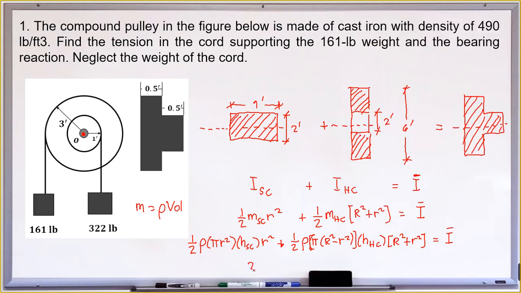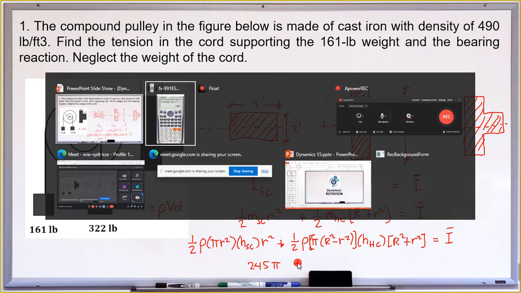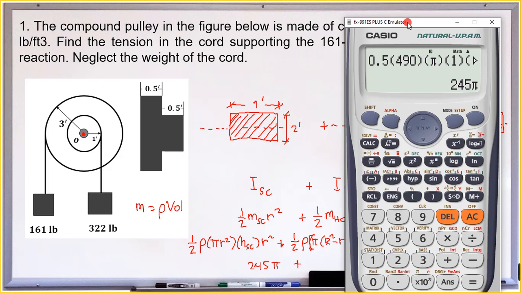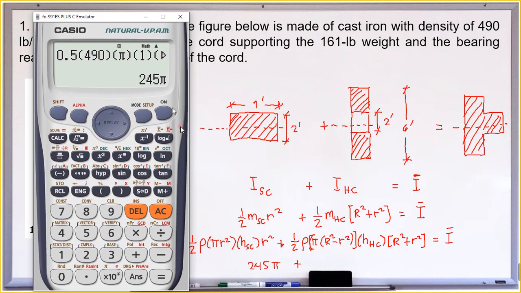So we have here 245 pi plus, let's evaluate the second term. So 1/2 times the density, 490, times the volume, pi, and then the difference of the two radii.